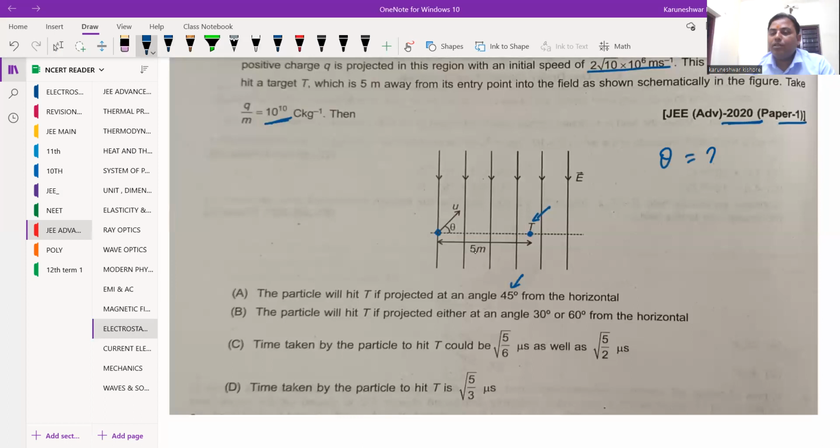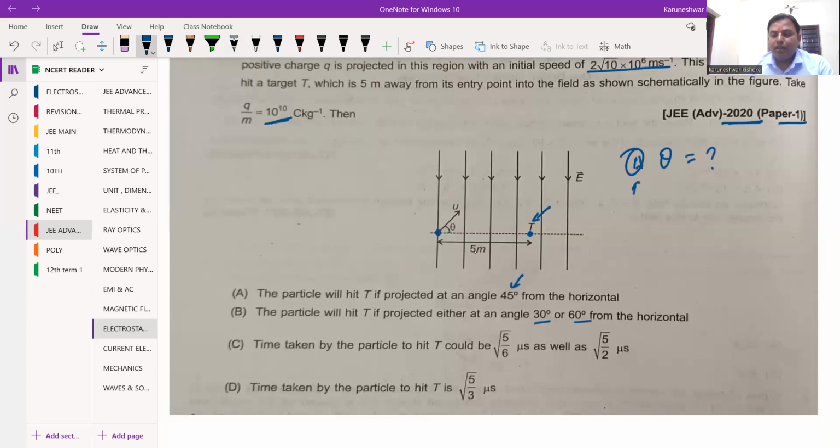The second option says the particle will hit the target T if projected at an angle of 30 degree or 60 degree from the horizontal. So from options A and B, we can say that only one option will be correct.